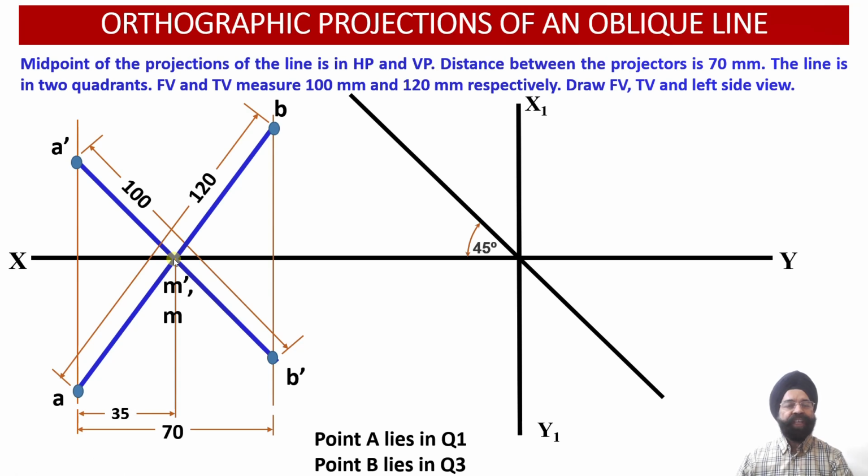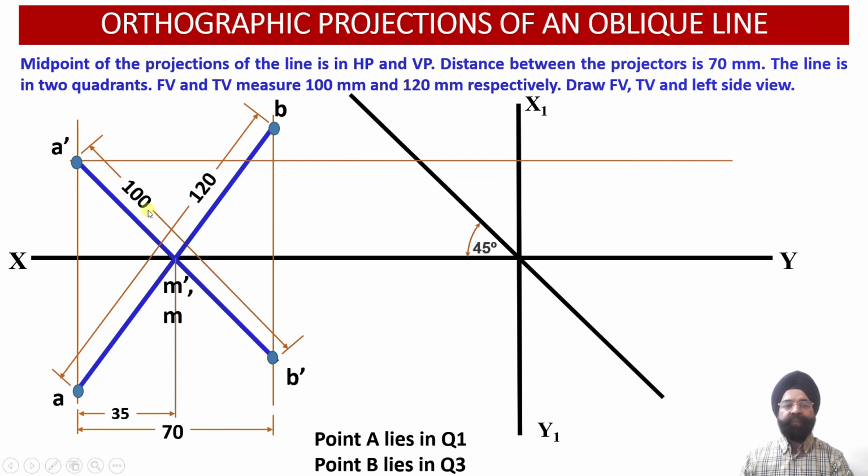So the front view and top view projections of this line have been obtained. Now we need to evaluate the left hand side view projection of this particular line AB, and we know that the left hand side view projection will be obtained on the right hand side of the front view projection over here. So now let us proceed with evaluation of the left hand side projection of this particular line AB.